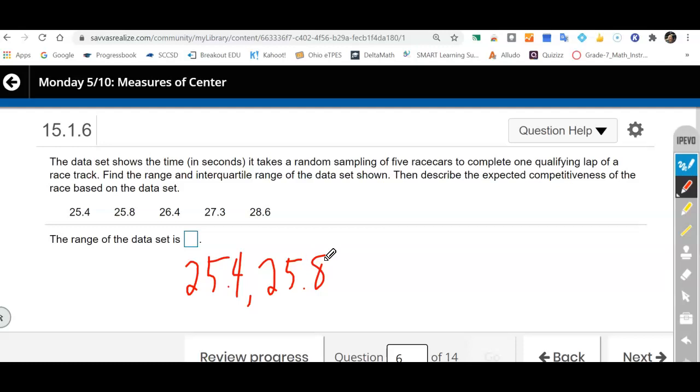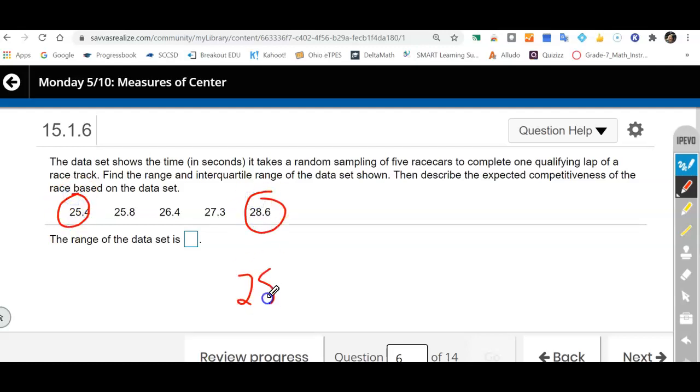Oh, they're already put in numerical order, aren't they? Ooh, that's nice. So all I do is find the distance between 28.6 and 25.4. So what's that? What, Matthew? 3.2.